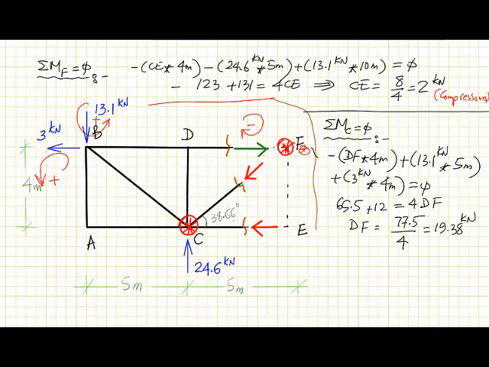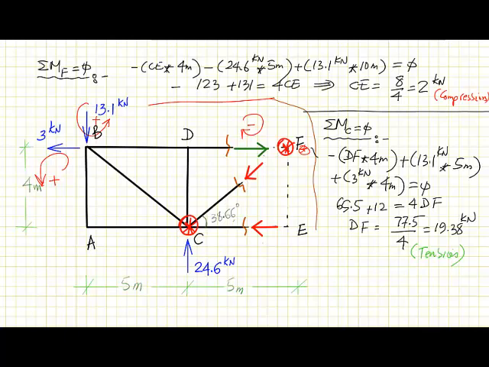Again, if you have noticed, the answer is positive, so it means the suggested direction is correct. So let's see what the suggested direction for DF is. The suggested direction for DF is tension, so we'll mark this as tension. So we have this force to be a tension.